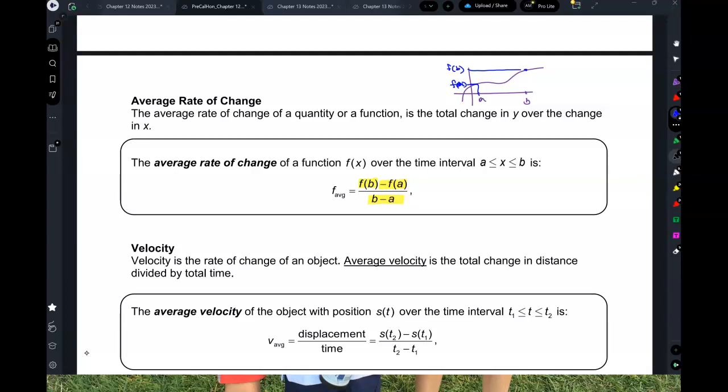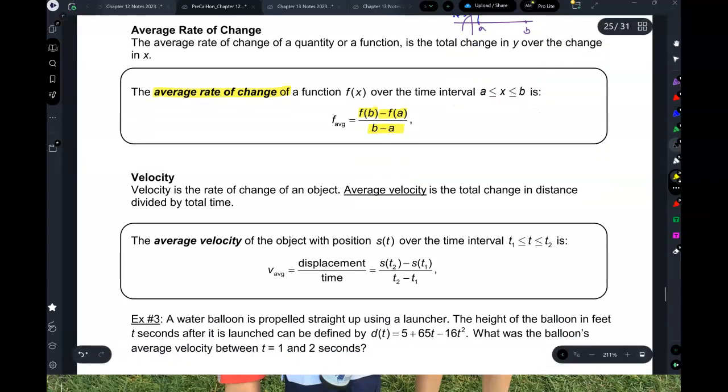When you want to find the average rate of change, you want to see, on average, how much did this change, or what was the rate that this was changing? So that's f of b minus f of a over b minus a. The only time you use that is if you're looking for average rate of change. It's very straightforward.